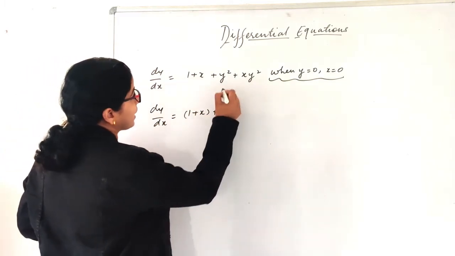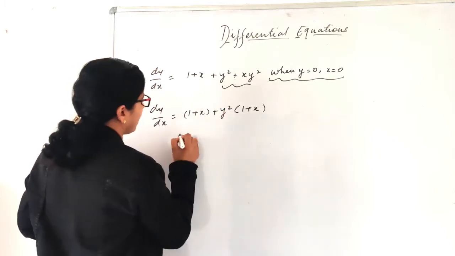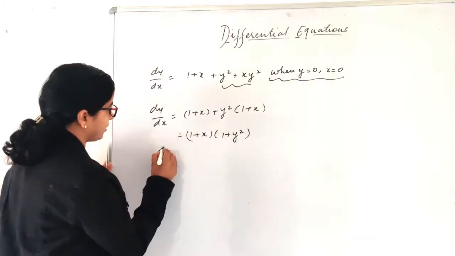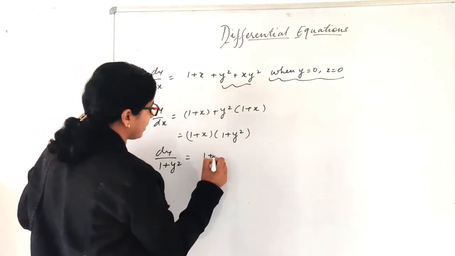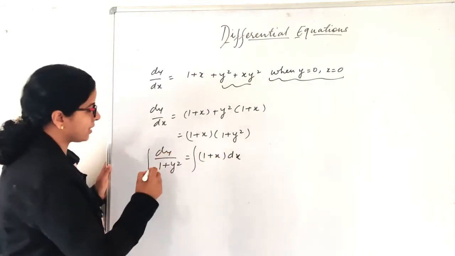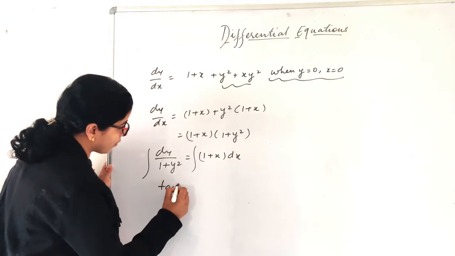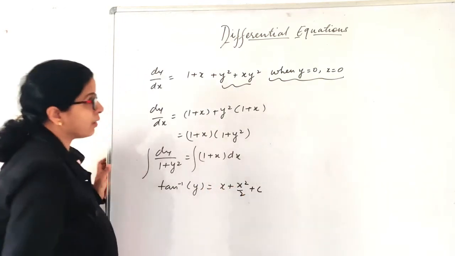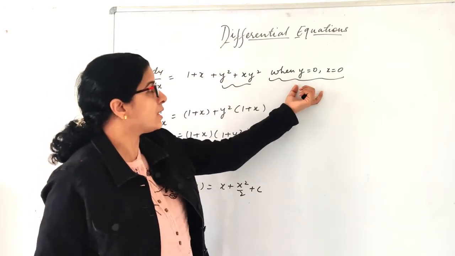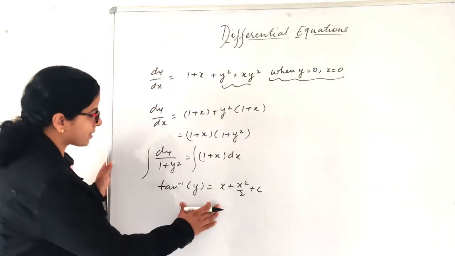Okay, we can take out y square common from here, and now I can write it as, right? So dy upon 1 plus y square equals 1 plus x dx. Integrate. This is tan inverse y and this is x plus x square by 2 plus c. Now the condition given to us is when y is equal to 0, x is equal to 0. So let us substitute here.